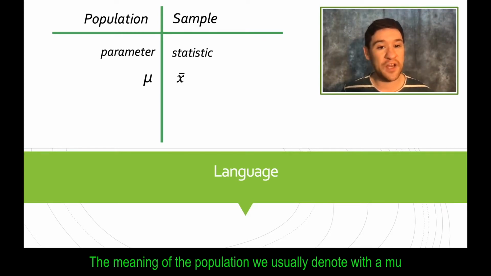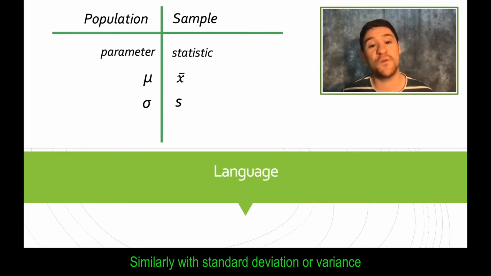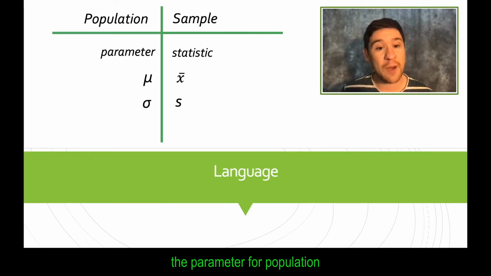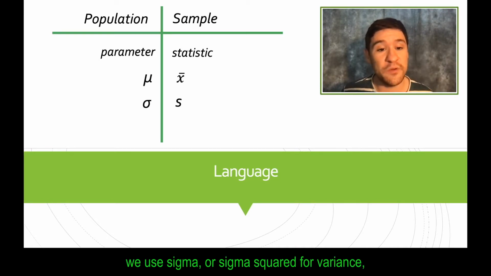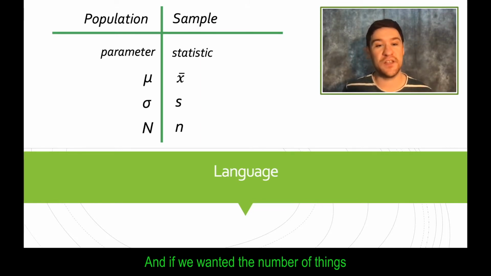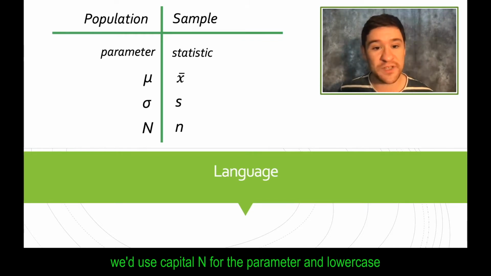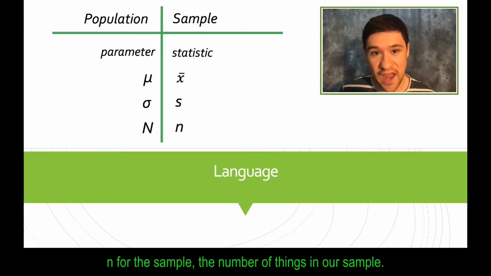The mean of the population we usually denote with a mu, while the mean of a sample we denote with an x bar. Similarly with standard deviation or variance, for the parameter of the population we use sigma, or sigma squared for variance, while for the sample we use s. And if we want the number of things in the population or in a sample, we use capital N for the parameter and lowercase n for the sample.